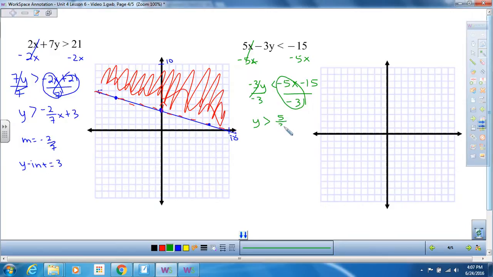That will be positive 5/3 x, and this will be positive 5. So start at 5. Going up 5 and right 3. You can also go down 5 and left 3.